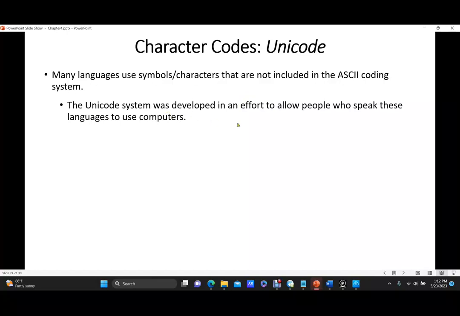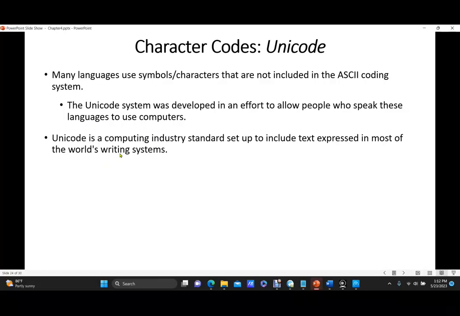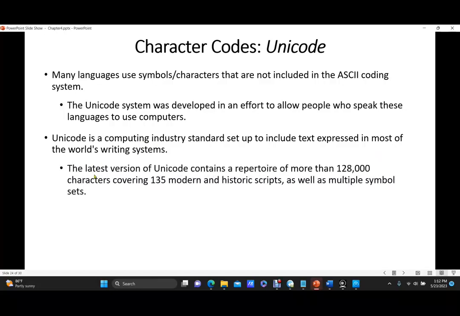Unicode was developed to allow people using these other languages to make use of computers as well. Unicode is a computing industry standard set up to include text expressed in most of the world's writing systems.